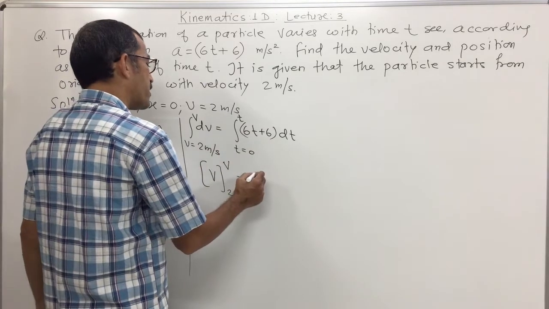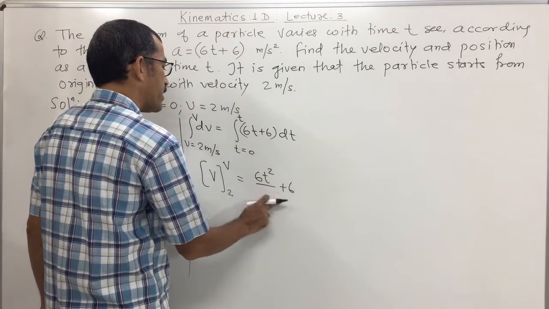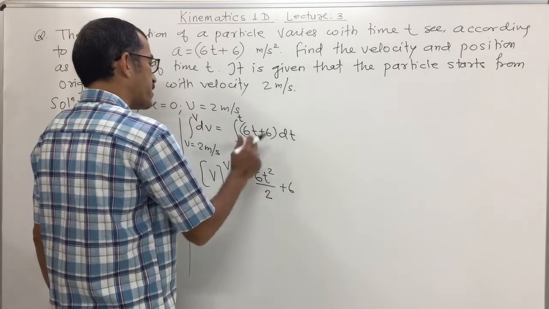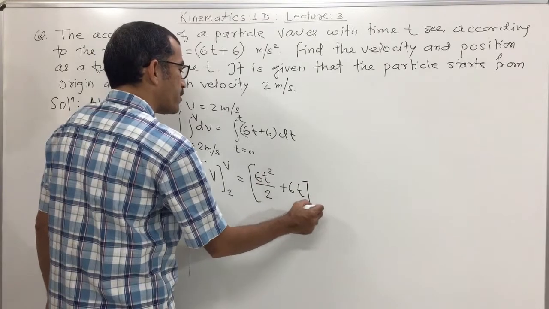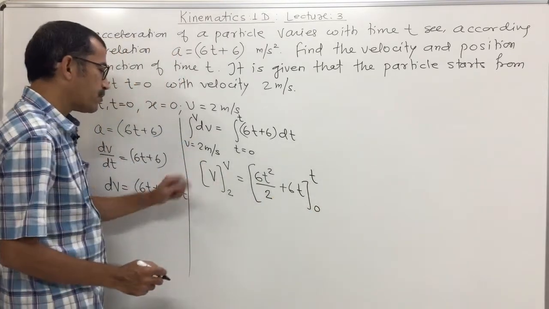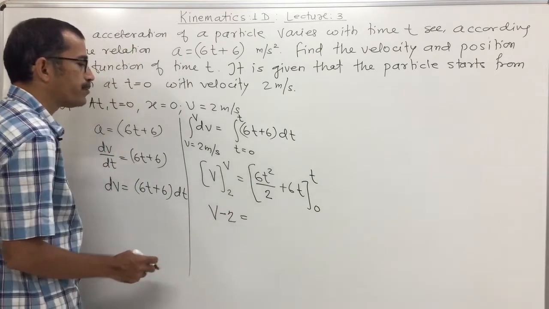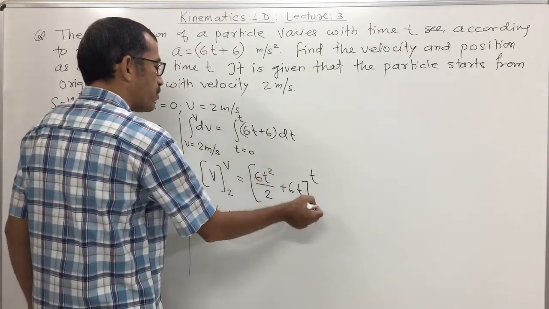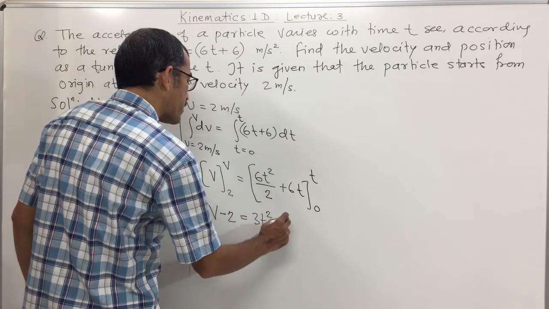The right side will be 6t square by 2 plus 6t, varying from 0 to t seconds. Don't make this mistake. If we put the upper limit, what will we get here? v minus 2 on the left. This becomes 3t square plus 6t. The lower limit is 0.